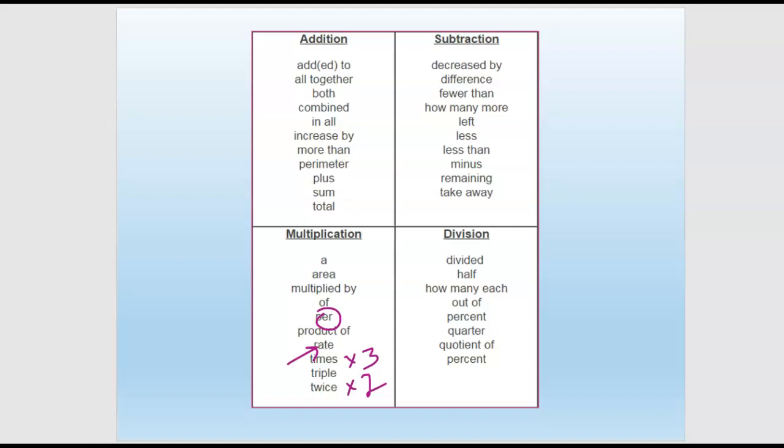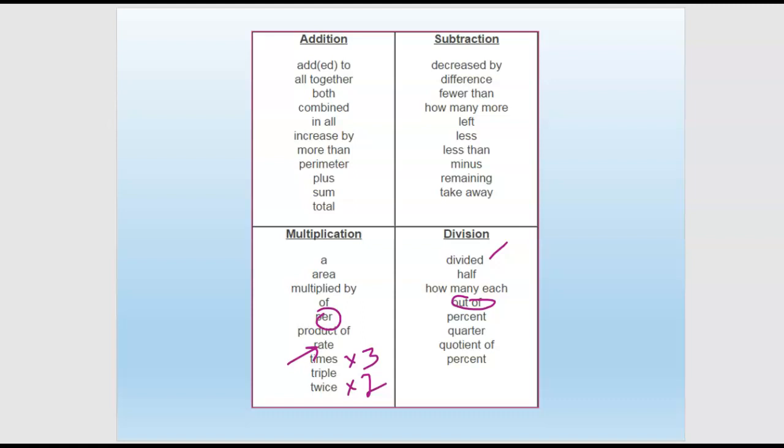Some keywords that indicate division are divided, half, dividing by 2, and out of something else, like 3 out of 5, 3 divided by 5. Also percent, quarter, quotient.